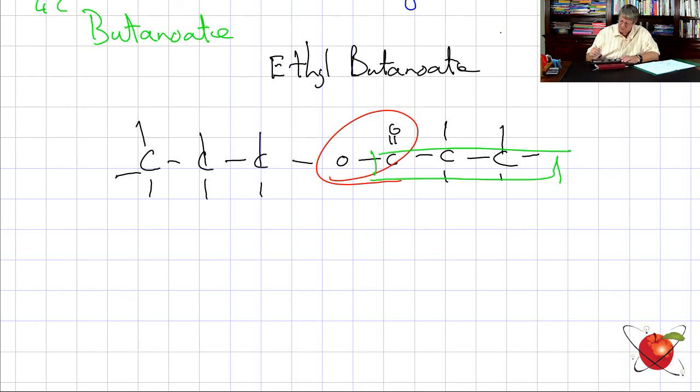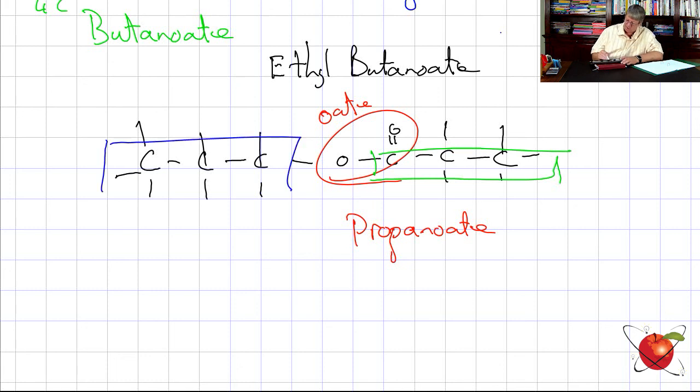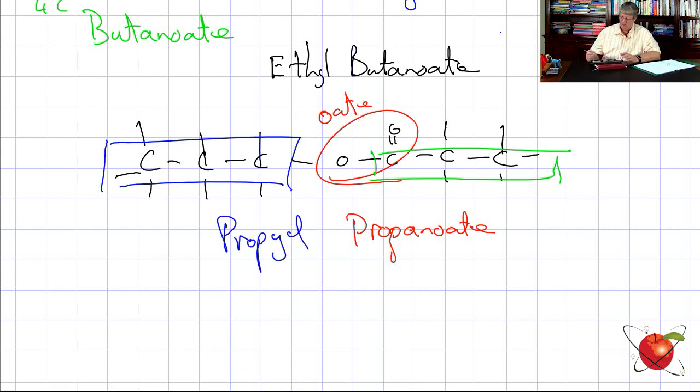So this red tells me that it's an ester. Meth, eth, prop, so it's a propanoate. And my side chain is the piece that's left. What piece is left? It's meth, eth, prop, so it's a propyl. Propyl propanoate, whichever way you want to see it.